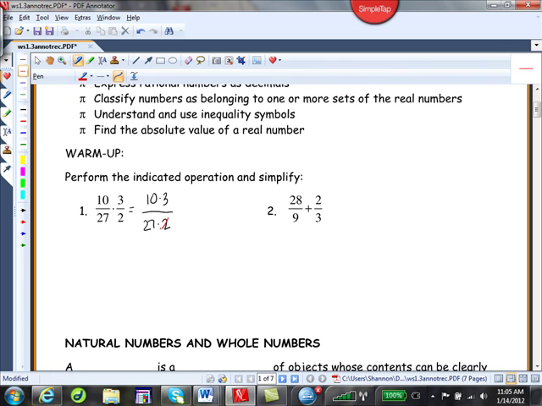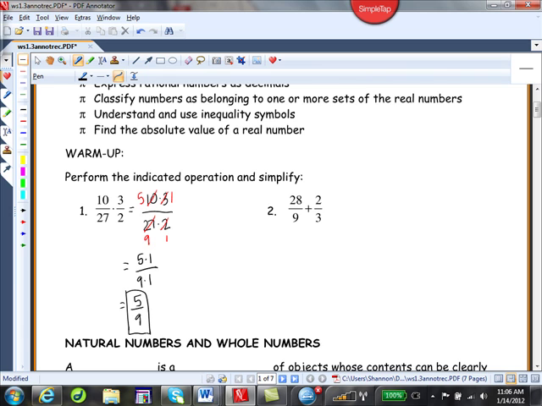So here we go. 2 goes into itself one time, and it goes into 10 5 times. And our 3 goes into itself once and into 27 9 times. So we'll end up with 5 times 1 over 9 times 1, which of course is 5/9. We'll put our happy box around the answer. So how'd you do? I bet you got that one right.